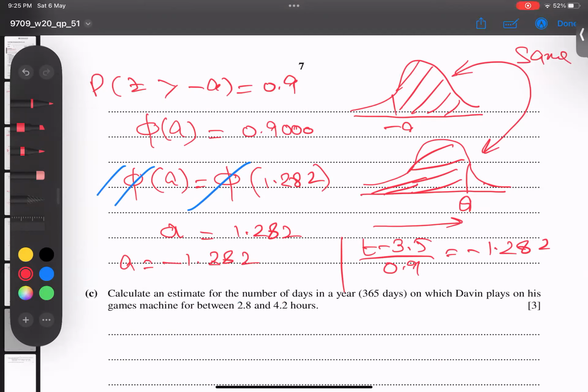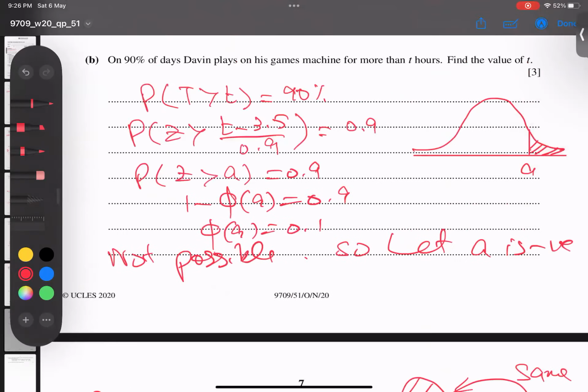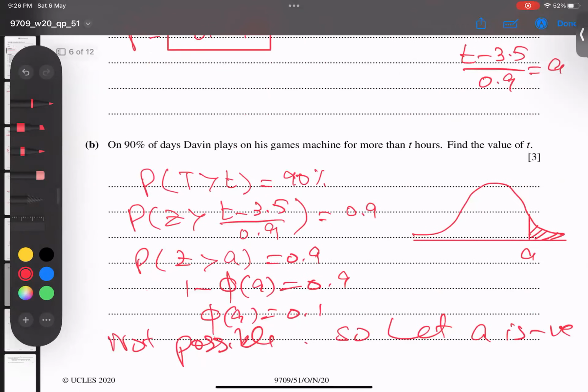Negative 1.282 times 0.9 and plus 3.5. The answer is coming 1.8549. Just check once again. He said more than 90, less than or more than? Yes, more than, correct.